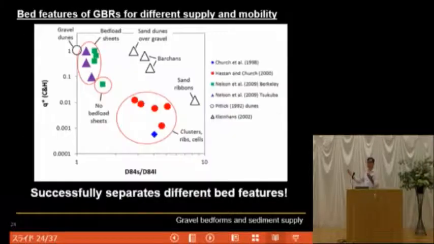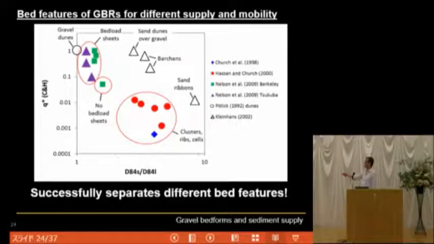So this is what happened when we took all the data that we could find and all the data that reported enough information for us to use. We have our value of Q star, and on this axis here, we have our ratio of the large grain sizes in the load and on the surface. And you can see, I hope, that we've actually segregated out the types of bed features that I've been talking about.